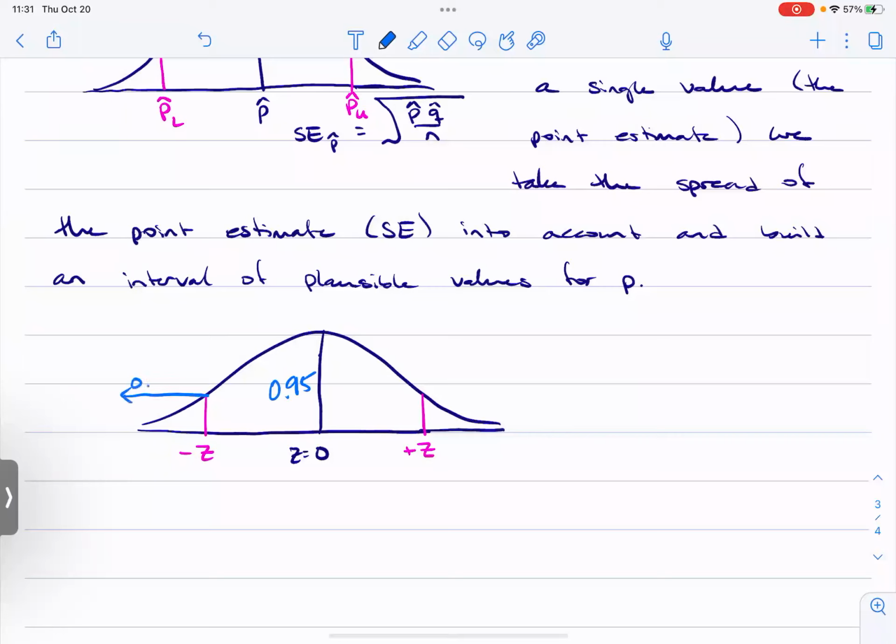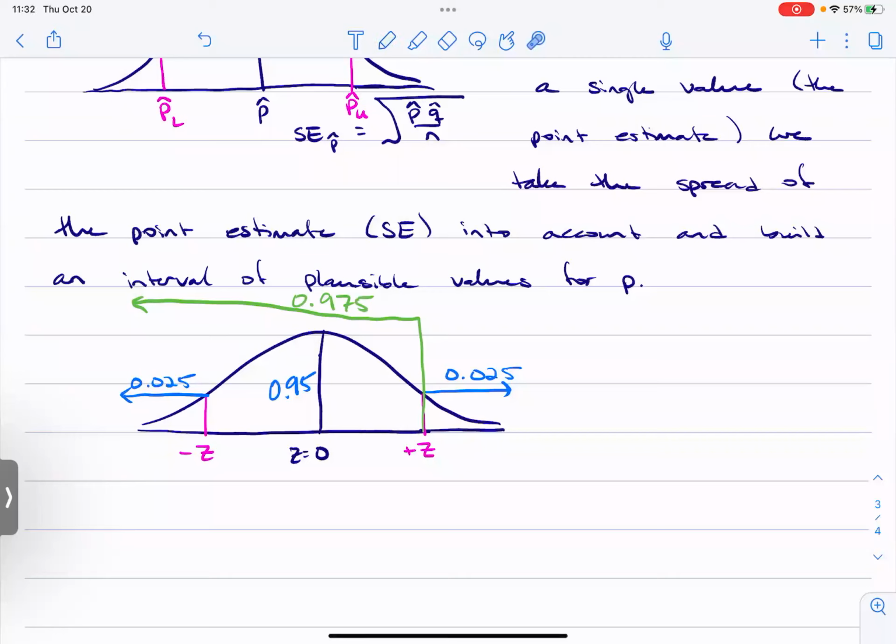So that means that I have 0.025 area here and 0.025 area here. Remembering that the Z table only gives us the area to the left, and same with R, it'll only give you the area to the left. So if I want to find these values, this value has an area to the left of 0.025. If I have to find it for this one, then that's going to be this area, which is 0.025 plus 0.95, which is 0.975.